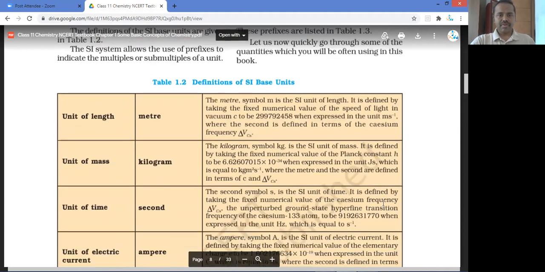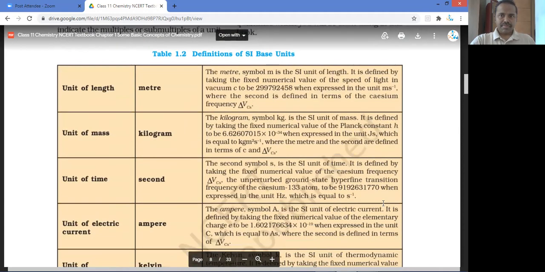Definitions of base units. When did you last go through this? Because these fundamentals are very important when you work out problems. We usually make very simple errors and mistakes and lose some marks. We've never really gone through the textbook, to be honest, based on the classes I've been to.